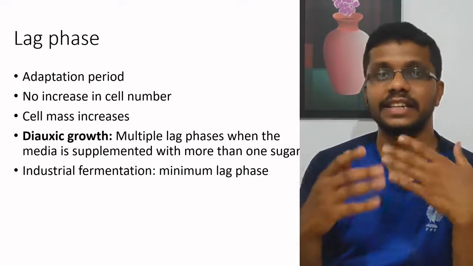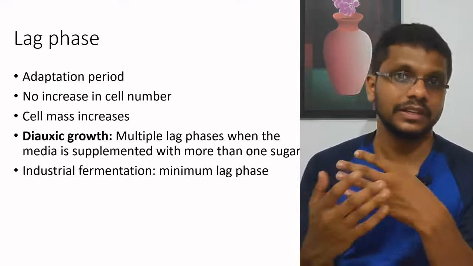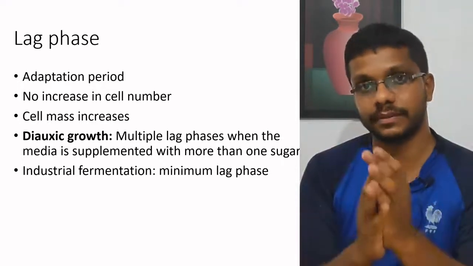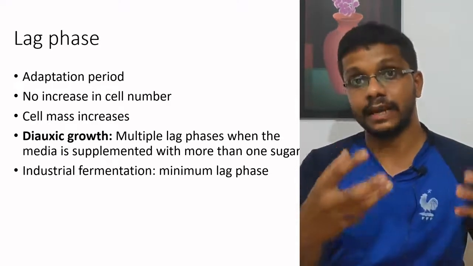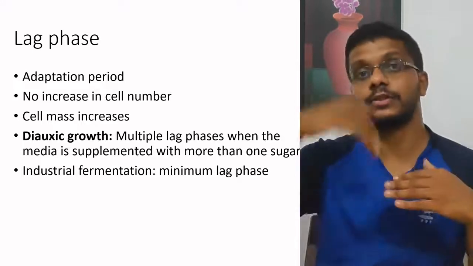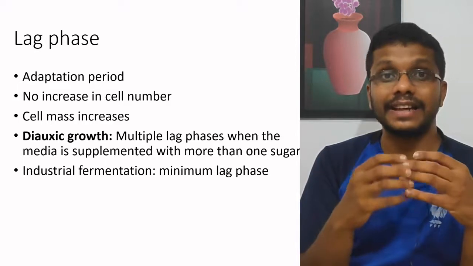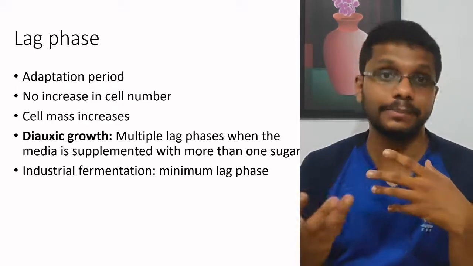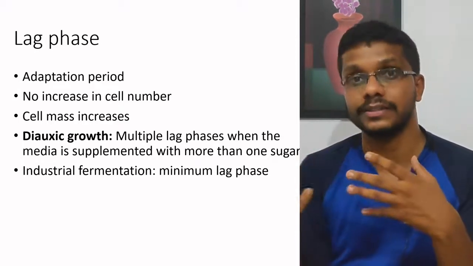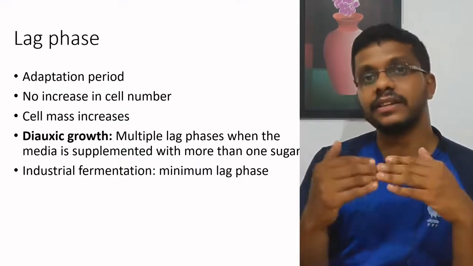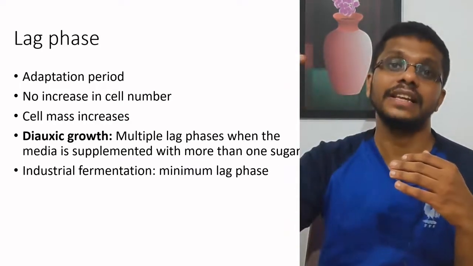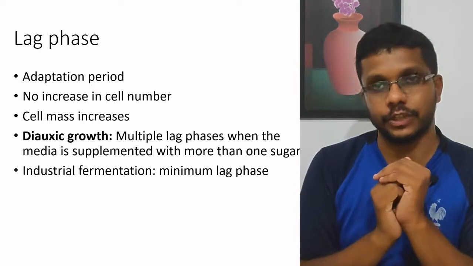So first the bacteria get adapted to use glucose, and it will grow and show a log phase. Once the glucose is depleted, the bacteria take some time to get adapted. They prepare the enzymes for utilizing sucrose. After the adaptation, again it shows another set of exponential growth.